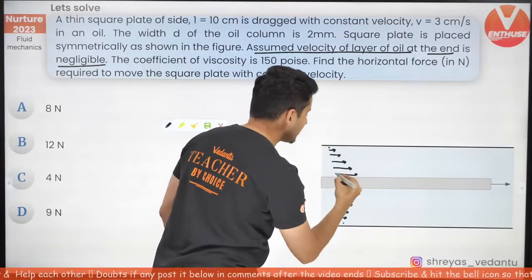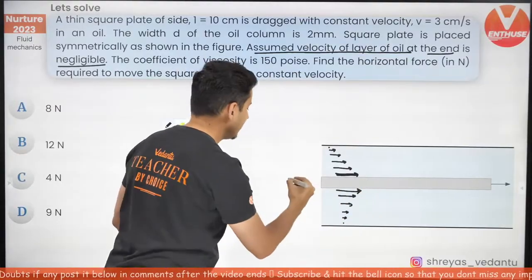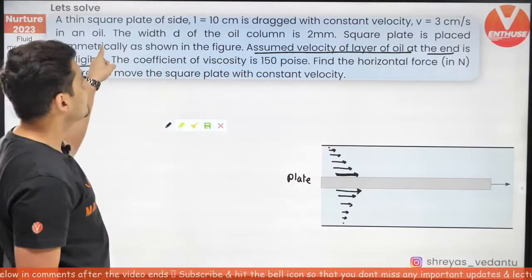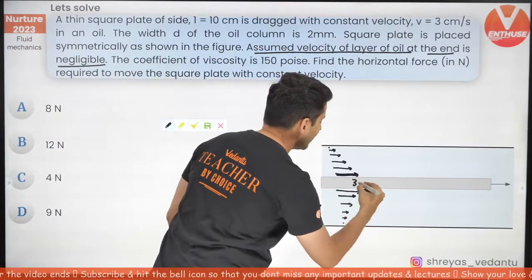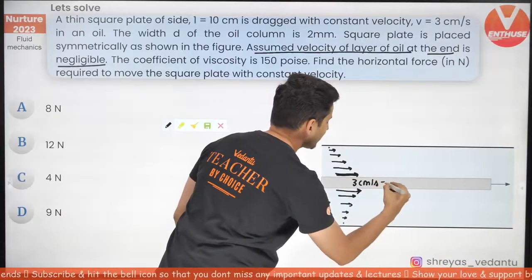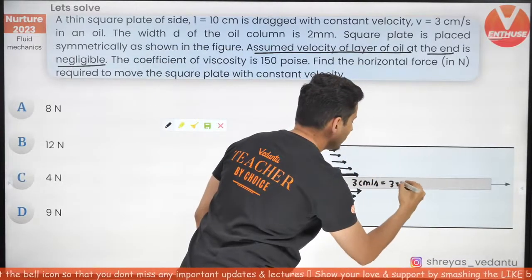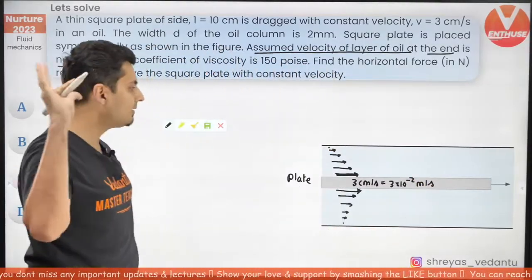Now the layer which is just in touch with the metallic plate, remember this is the plate, these are the two boundaries, is moving with a certain speed. How much? 3 centimeters per second, which you can also write as 3 into 10 to the power minus 2 meters per second. Fair enough.